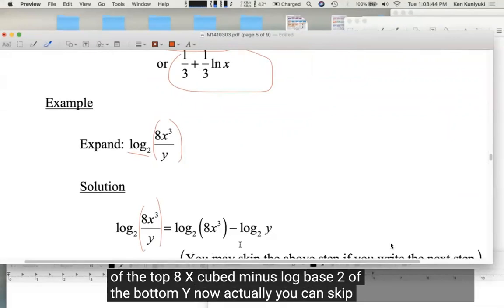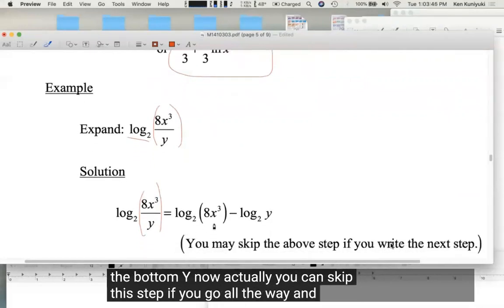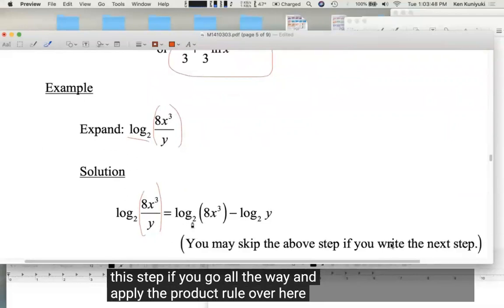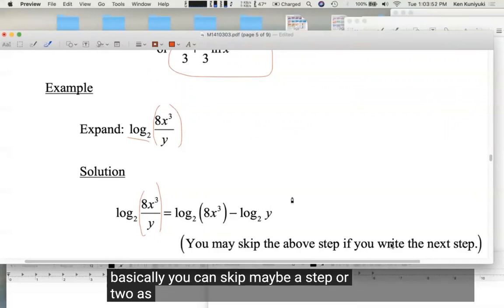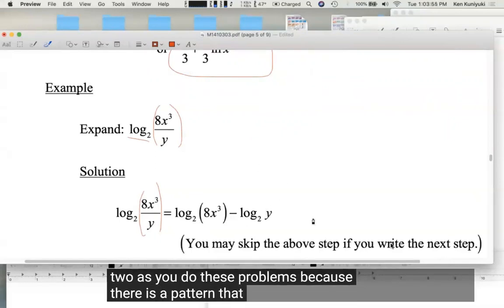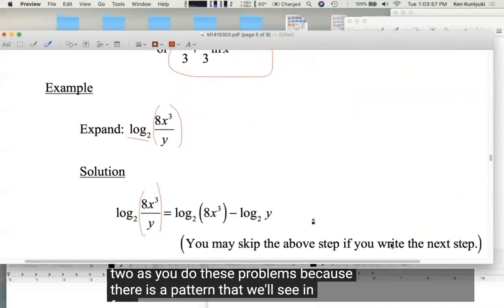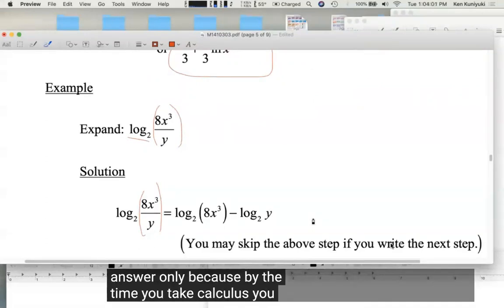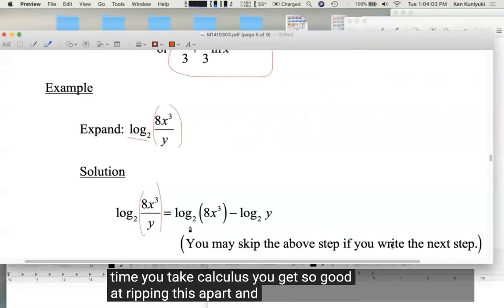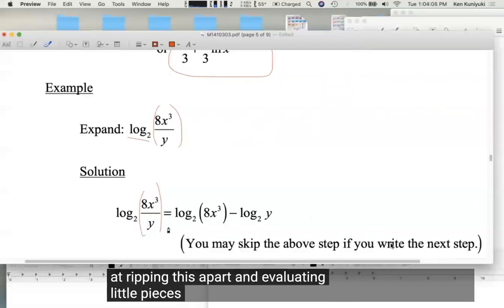Now, actually, you can skip this step if you go all the way and apply the product rule over here. Basically, you can skip maybe a step or two as you do these problems, because there is a pattern that we'll see. In fact, for some problems, I might accept answer only, because by the time you take calculus, you get so good at ripping this apart and evaluating little pieces.